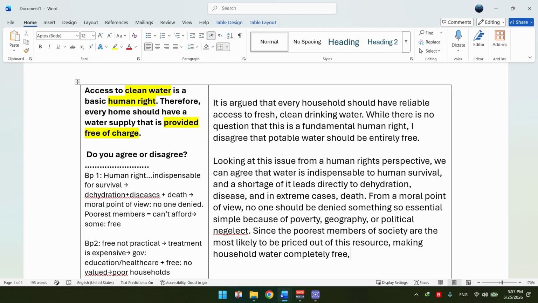Free may, at first glance, seem like the appropriate solution. Why did I add this part, may at first glance? Because now the examiner knows that the writer does not fully agree with this view.